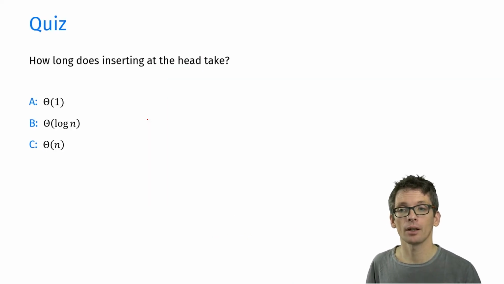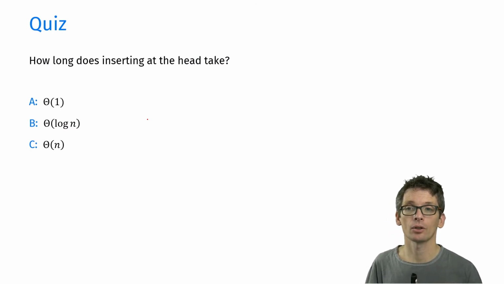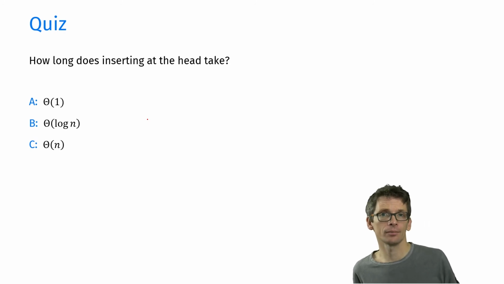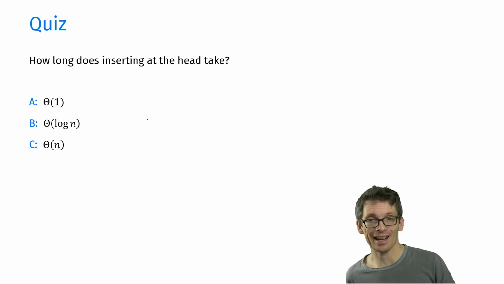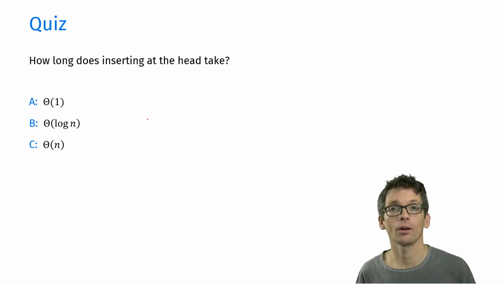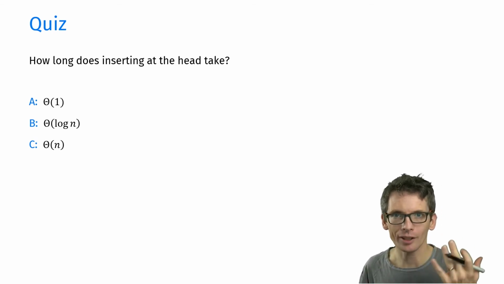Let's have a quiz, namely the following. How long does it take to insert at the head? Remember how insertion worked, and then answer: constant, order log n, or linear time. The correct answer is A, constant time.